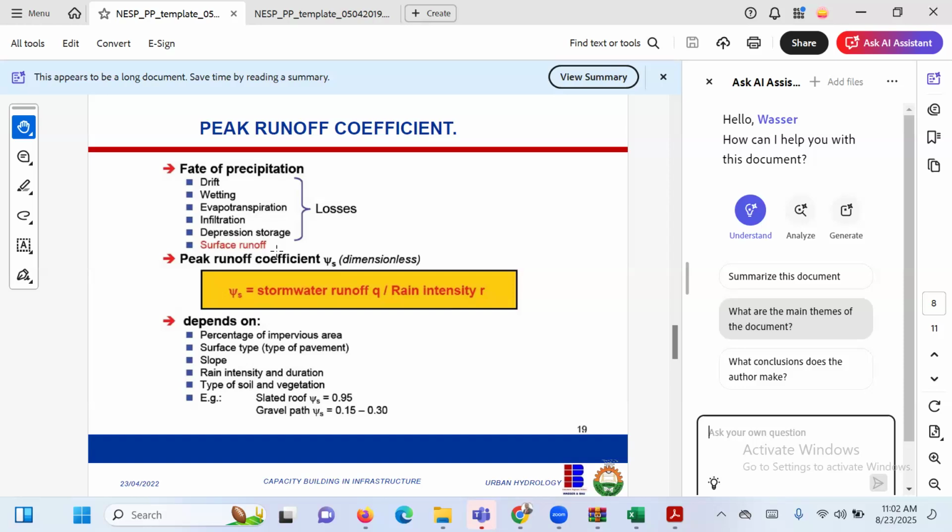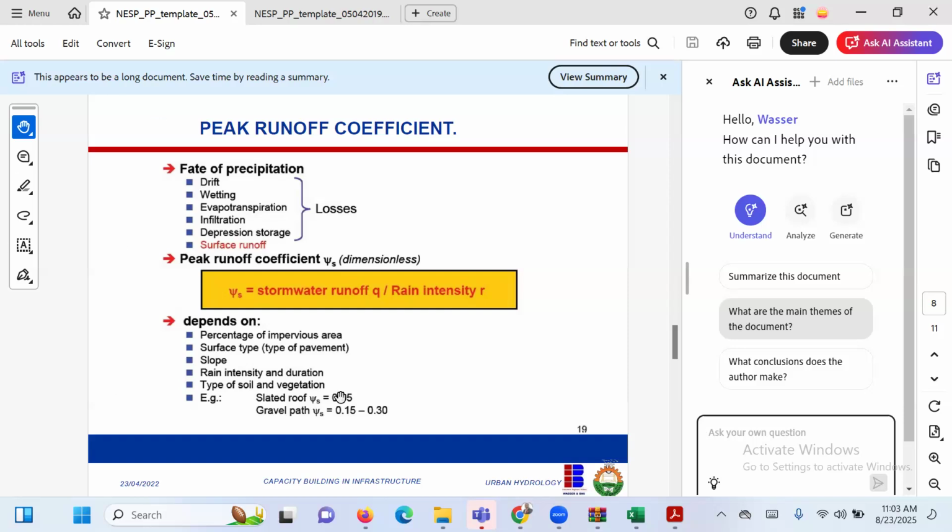For instance, if you have a slated roof, slates like carbon roof, the runoff coefficient is about 0.95. In other words, it means that 95% of water that falls will flow. While gravel parts, if you have a place where you just pour gravel, okay, it's a virgin land, it's a topsoil, and you just pour gravel, the runoff that it will generate would be like 15 to 20%, while your roof will generate almost 95%.